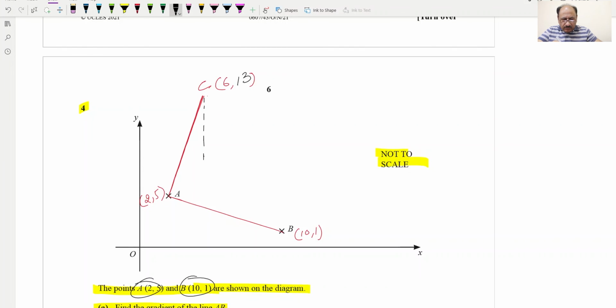The perpendicular line will be like this one, and first I will complete the square. So say this one is the square. I will keep it at a proper location. So like this one.